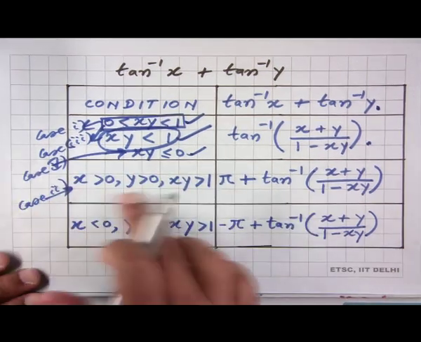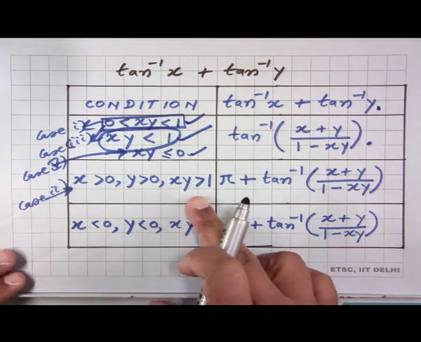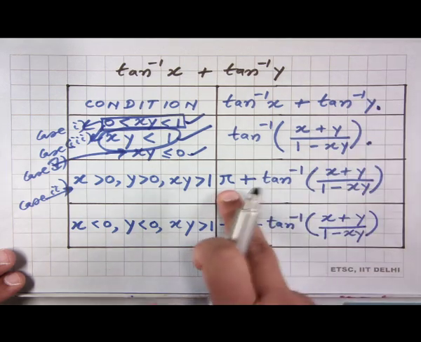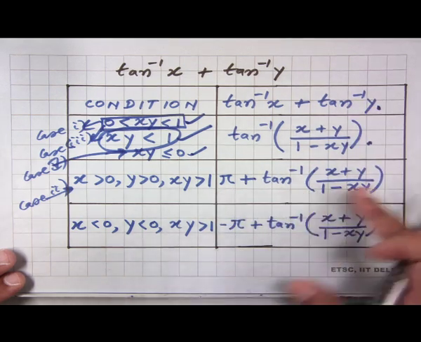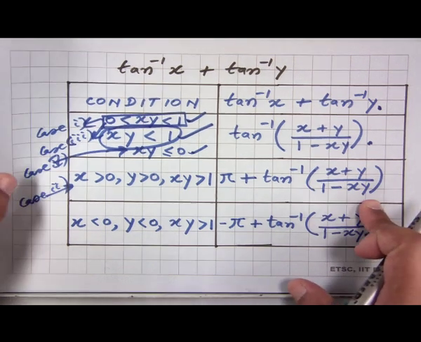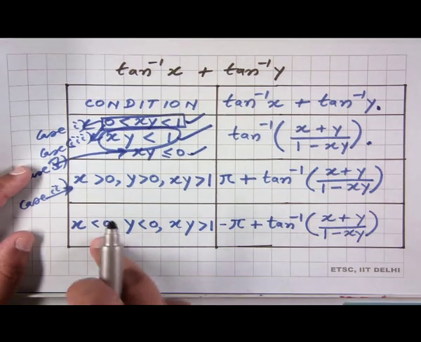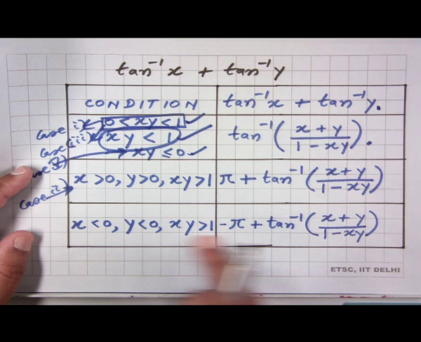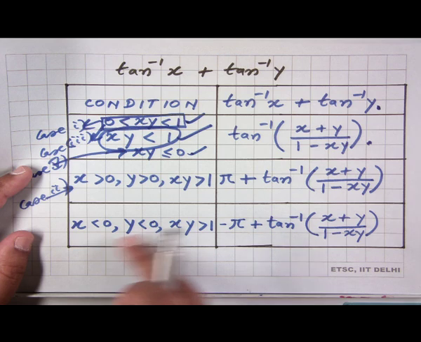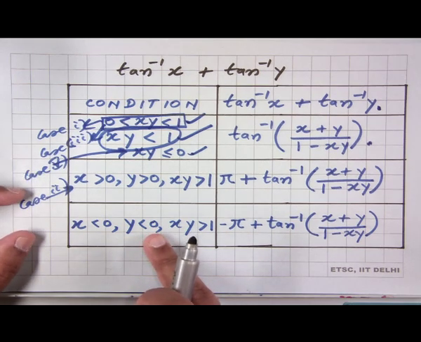So, if x and y are both positive and x y is greater than 1, then tan inverse x plus tan inverse y will be equal to pi plus tan inverse of x plus y over 1 minus x y. That is what we have just proved, and in the interest of time we will not go ahead with the proof of this last statement, but that can also be done in a similar way to case 2.